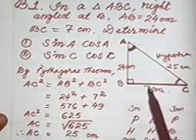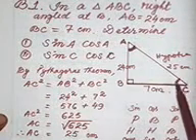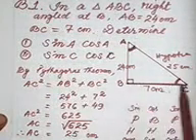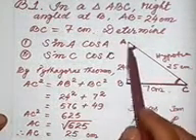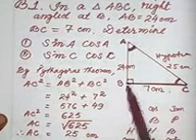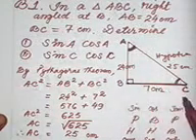When we take angle C, base will be BC, and when we take angle A, base will be AB, and the other one will be the perpendicular.